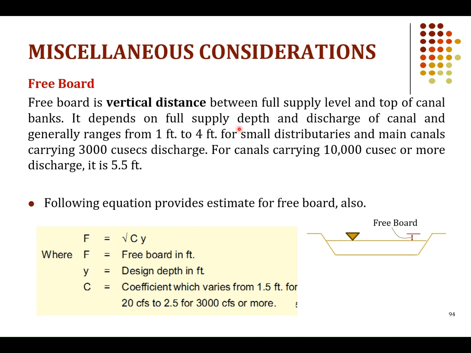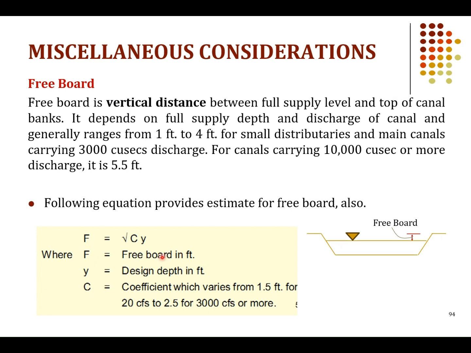It depends on full supply depth and the discharge of the canal, and generally ranges from 1 foot to 4 feet for small distributaries and main canals carrying 3000 cusecs discharge. For a canal carrying 10,000 cusecs or more, it can be 5.5 feet. This formula, as I told you before, is provided by USBR, the United States Bureau of Reclamation.